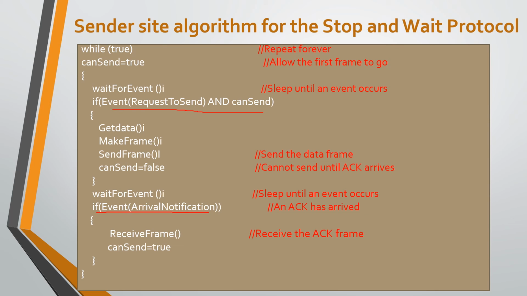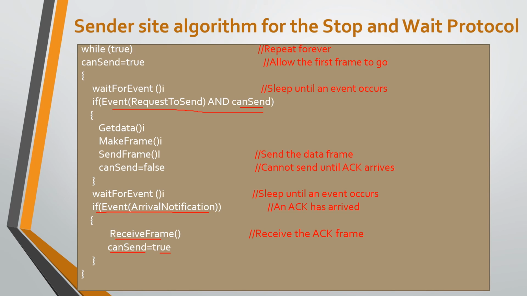When there is an event from the physical layer about the arrival of that notification, it receives that frame and sets the canSend flag to true. If the canSend flag is true, only then can the sender send data; otherwise the sender cannot send data.